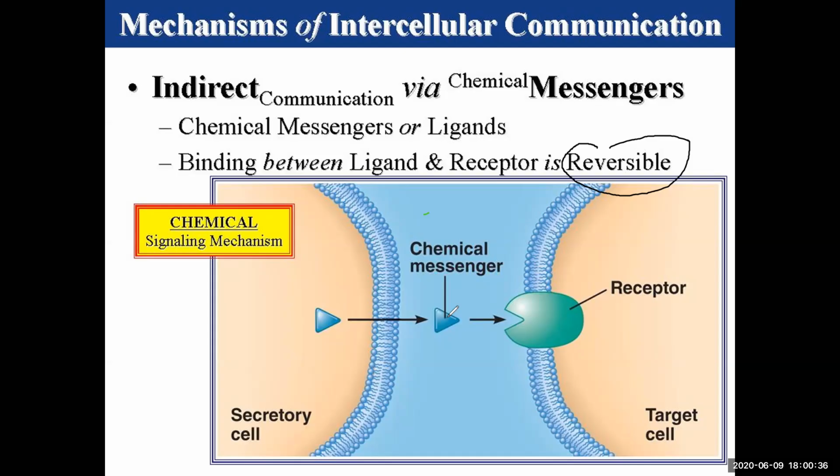So all new incoming signals are by default new because any old messenger would have been neutralized already. As soon as they've done their job, they would be killed off, right? So that's an important mechanism for cells to be able to recognize between an old message that is already there versus a newly incoming message.